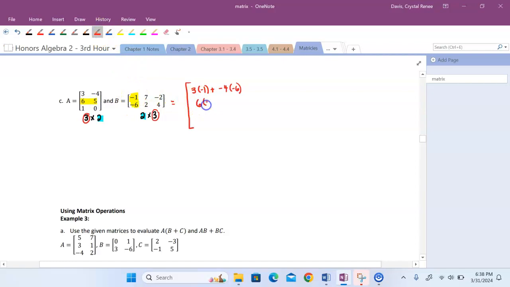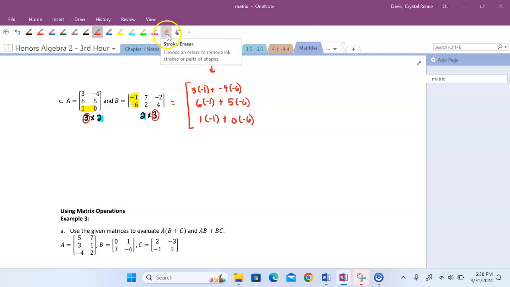So 6 times -1 plus 5 times -6. Now I'm going to take my third row and multiply it by my first column still. So 1 times -1 plus 0 times -6. So I have my first column set in my product matrix.